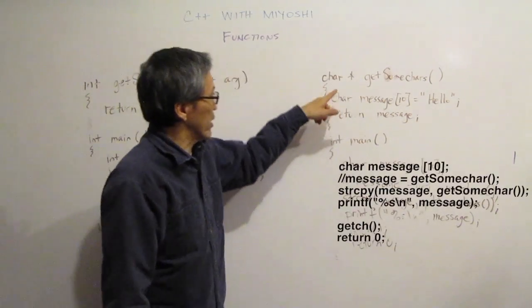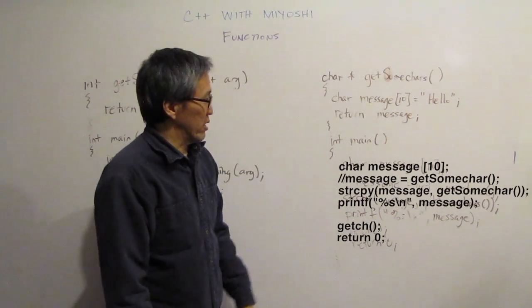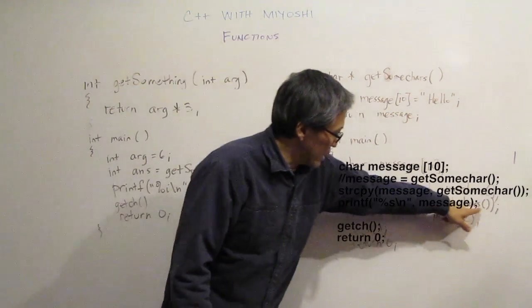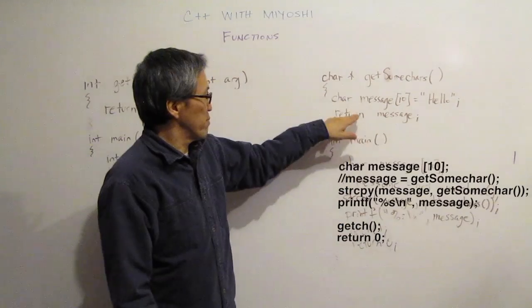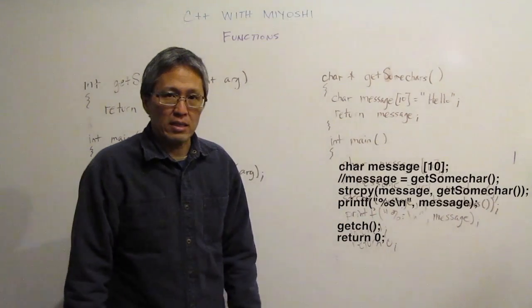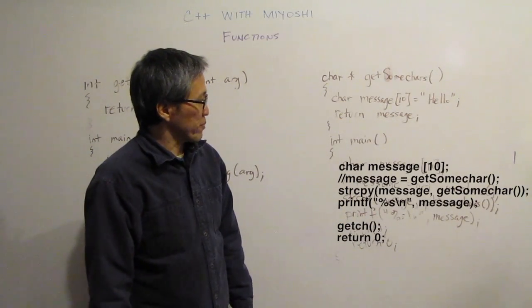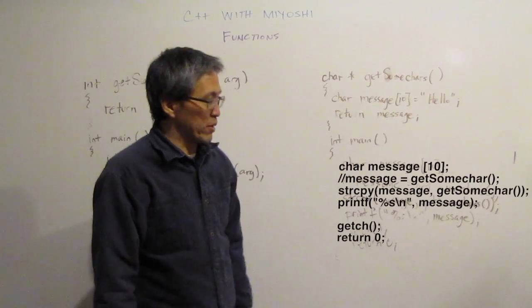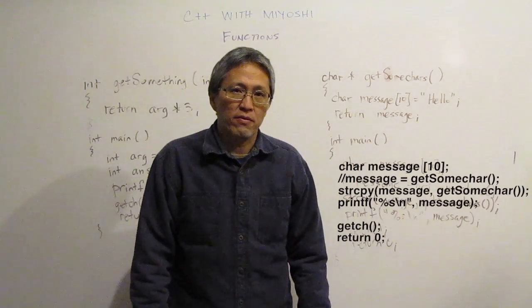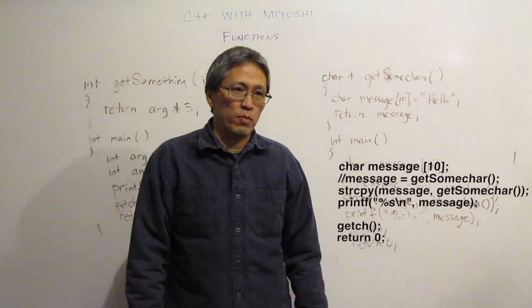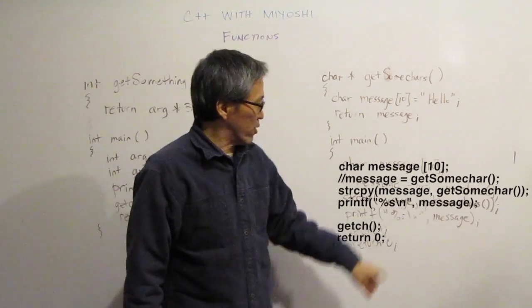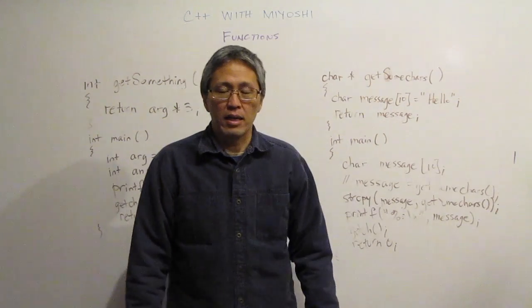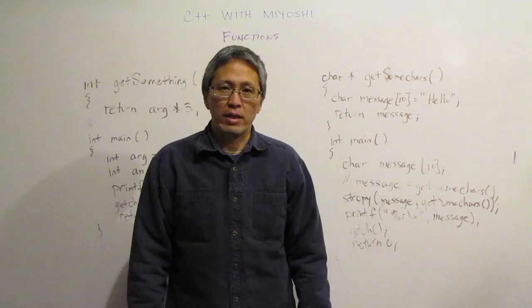Same thing here. When I do a char star, getSomeChars is going to get replaced by the message in this case. And that is the beauty of return types and functions. They just replace the function call and get stuck wherever they need to get stuck, based on the code that you write.